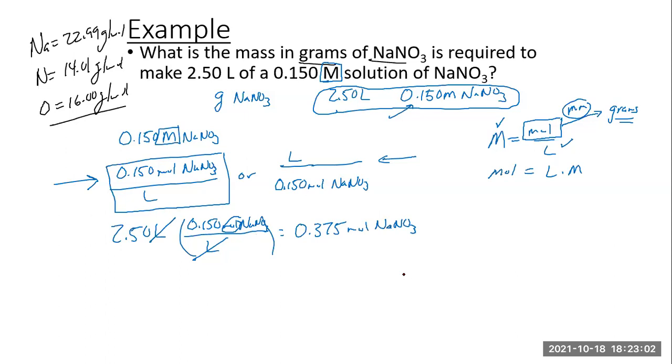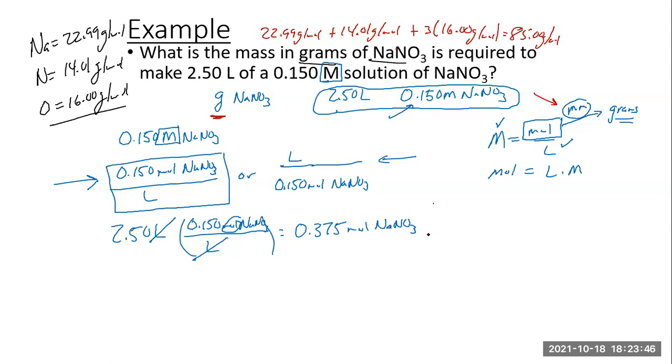At this point, we're close to what we want, but remember, we don't want moles, we want grams. So it is the molar mass that's our conversion factor. To do that, we need the molar mass of sodium nitrate. That is 22.99 for the sodium, plus 14.01 for the nitrogen, plus 3 times 16 for the oxygen. Adding all those together gets us 85, actually on the nose. 85 grams per mole.